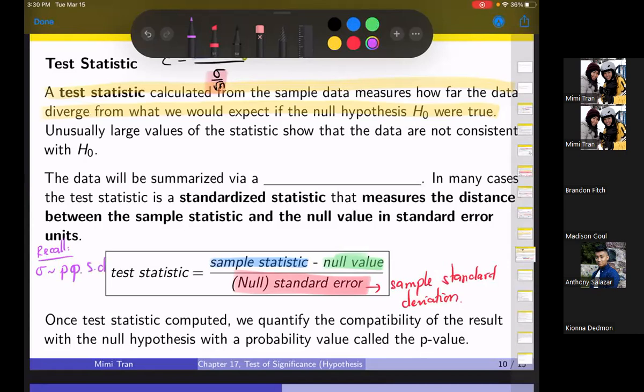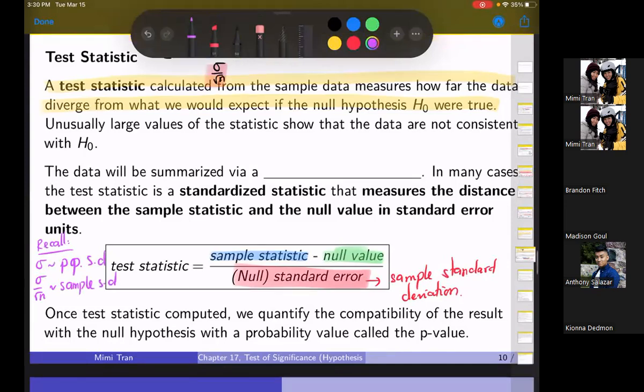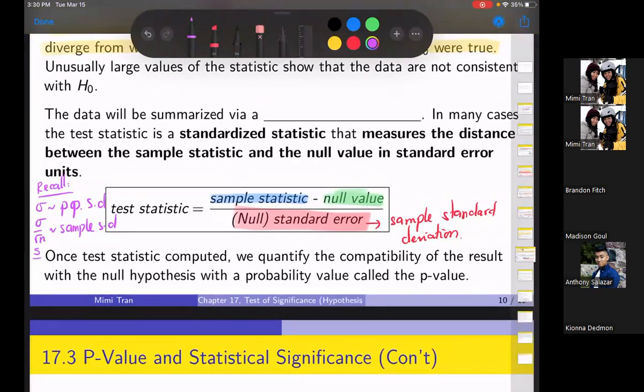Sigma divided by square root of n, that's the sample. Sample SD, sample standard deviation. And then later you're going to see S divided by square root of n. It stands for the standard error. Don't worry, I'm just giving you a heads up. You're not going to see it today, maybe Thursday. So just make sure you know the three types.